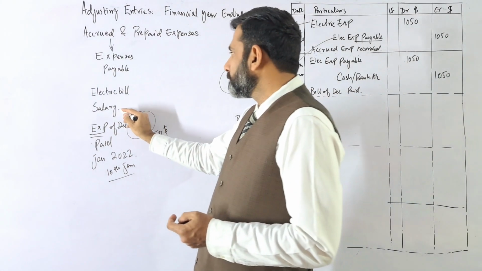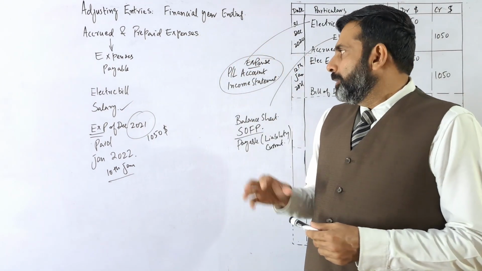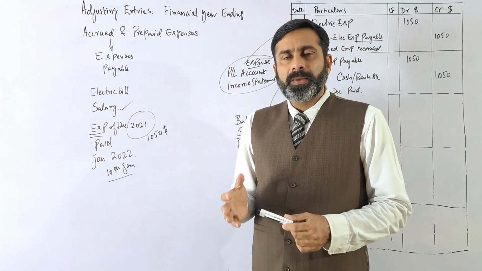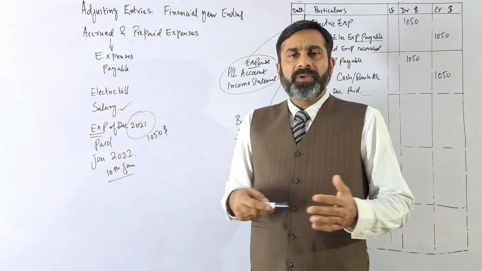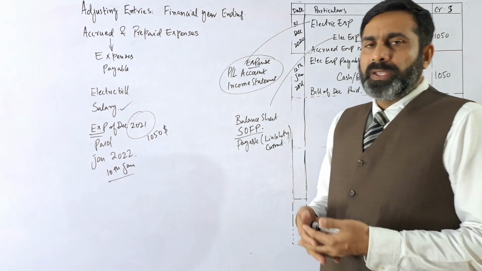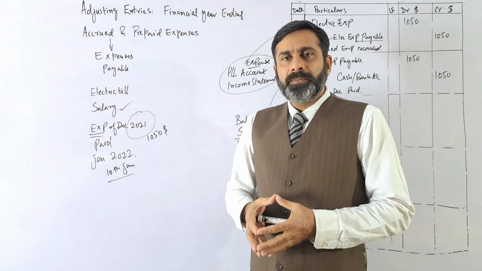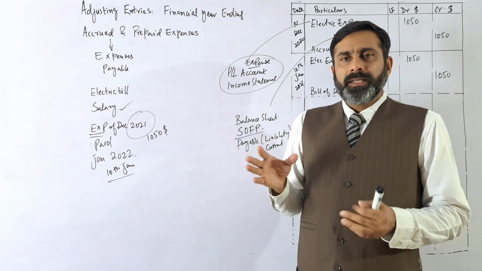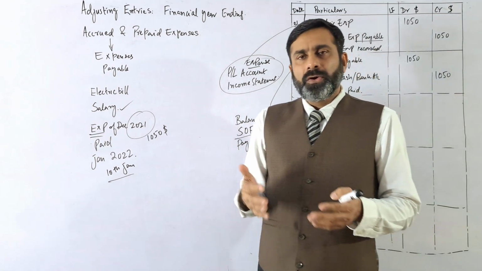There are so many other examples. For example, salary may be the next example. What is the salary? You have workers, you are paying them for all of the month of December, they will work for you. You will record their number of hours, or it is a fixed amount that you are paying, and at the end of the month, for example, you have to pay 100, 200, 500, whatsoever is the amount. But that December salary will be paid in the month of January, because the rules normally say that the month's salary will be paid in the next month, like from 5 to 10 of the next month.